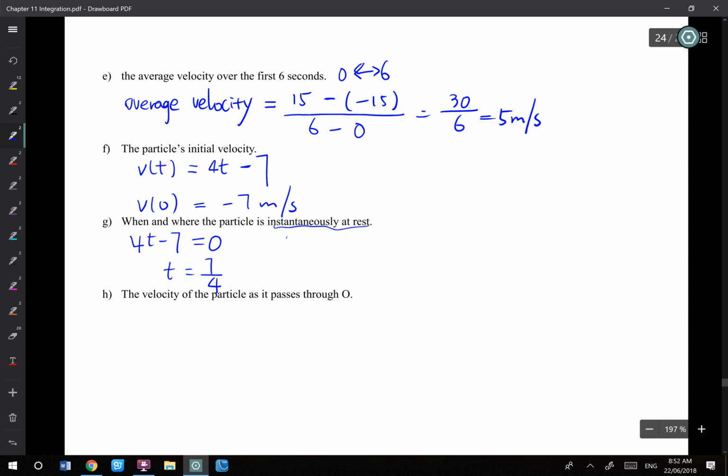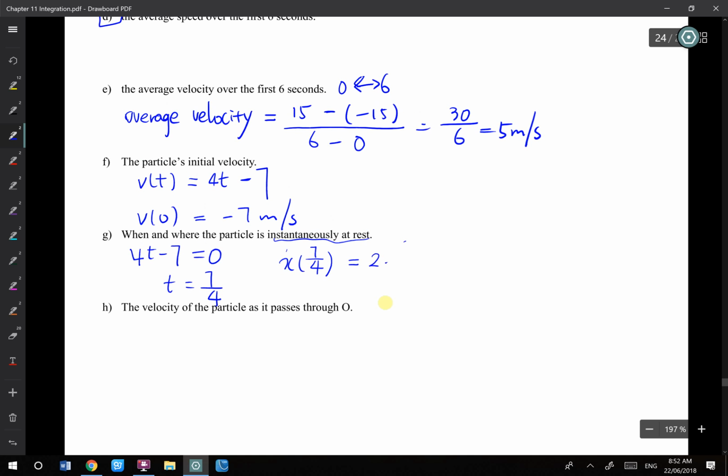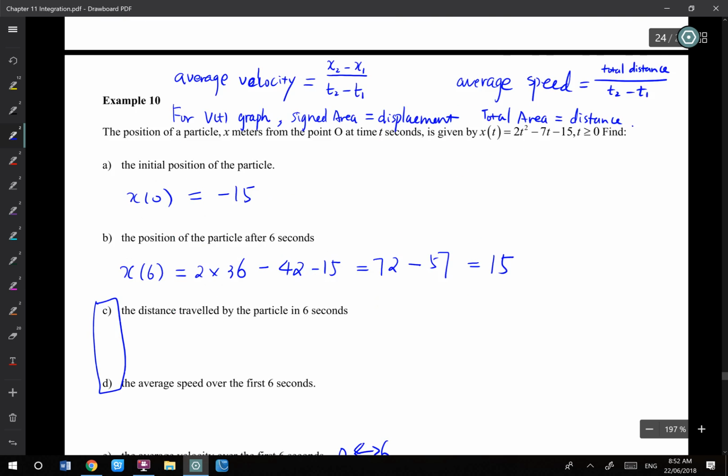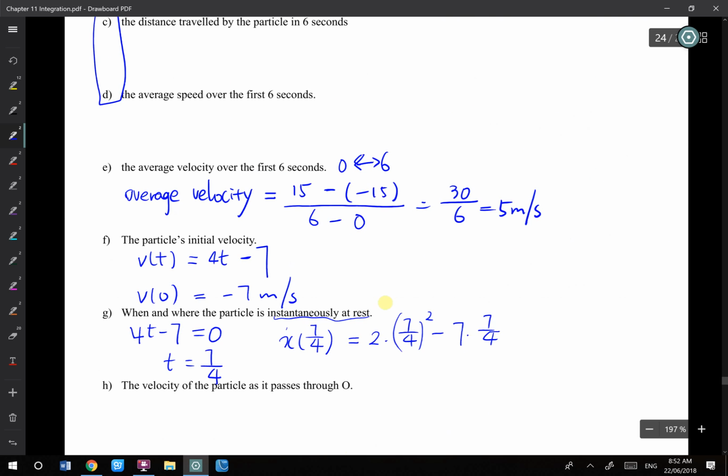And where, don't forget the where. Where is talking about the displacement, so it's x. So x at 7 over 4 gives you 2 times (7 over 4) squared minus 7 times 7 over 4 minus 15.